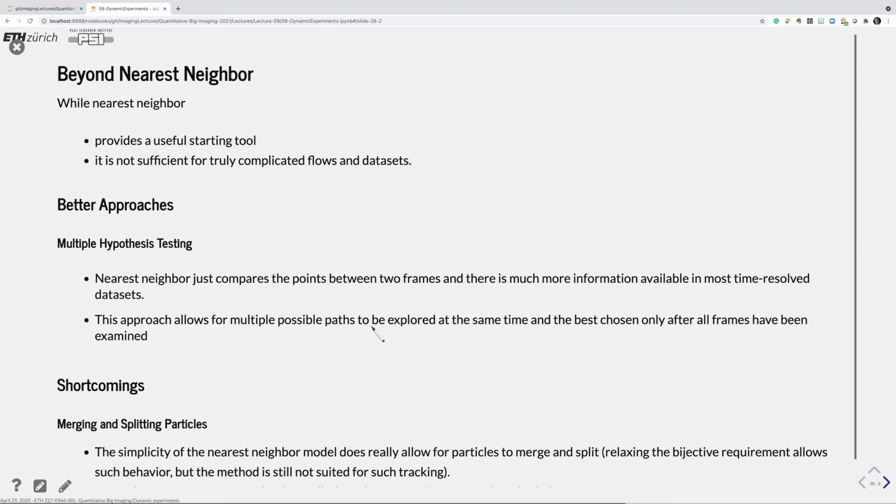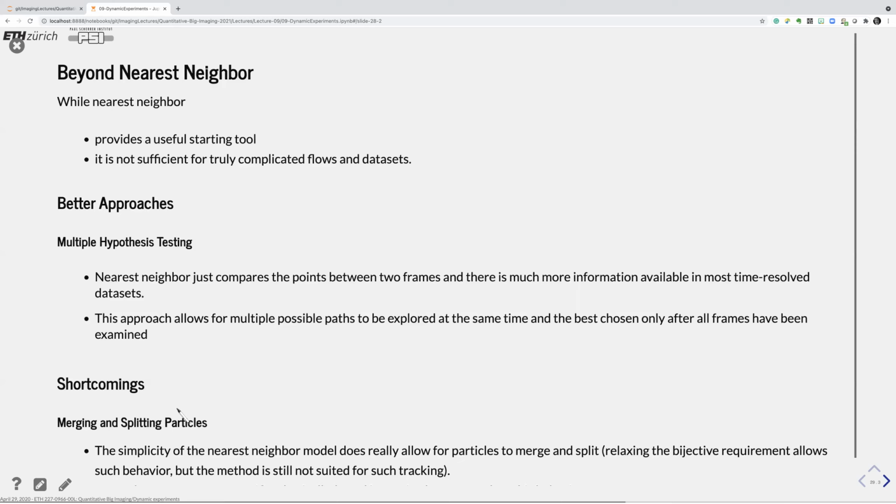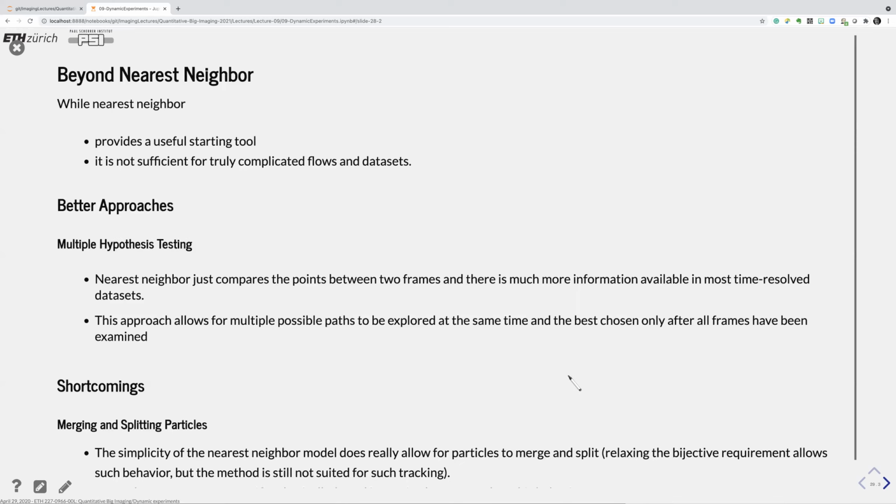Then you can explore different possibilities of trajectories and see which one is more probable. The problem is also always that you have merging and splitting particles, and that is a topic in the literature that people are looking into.